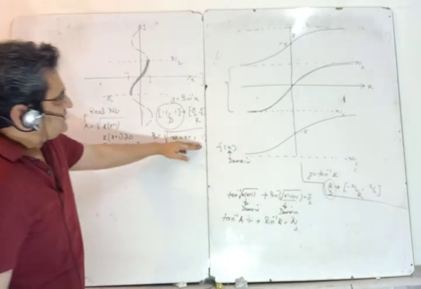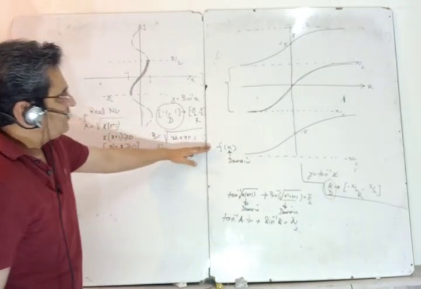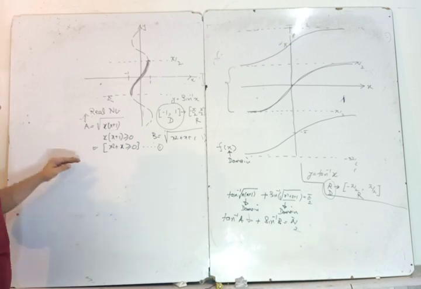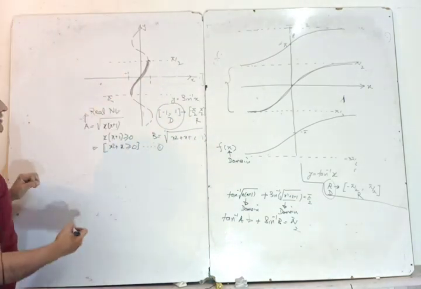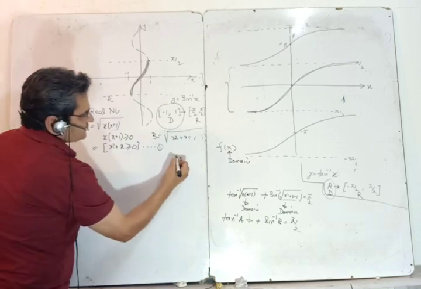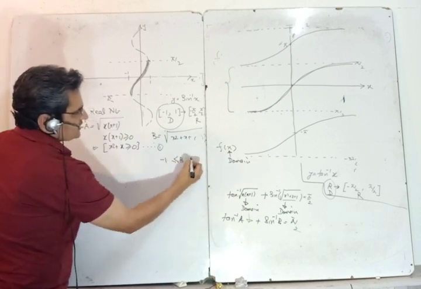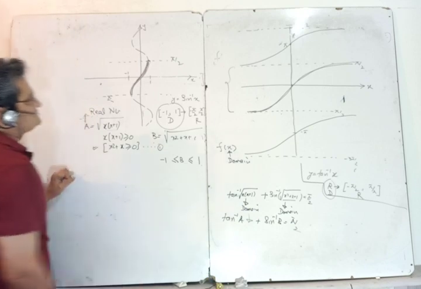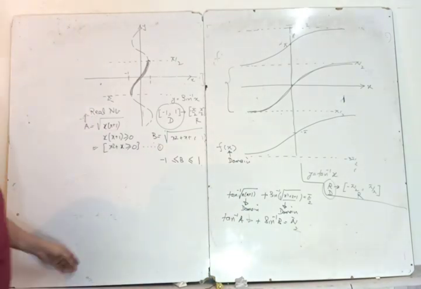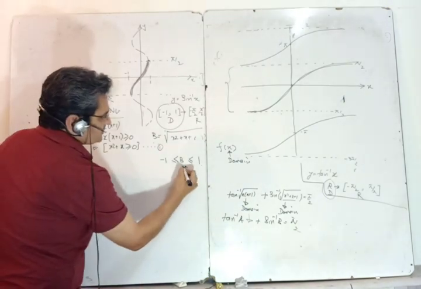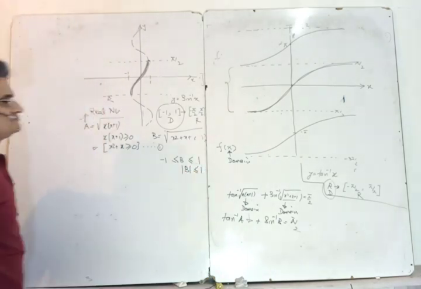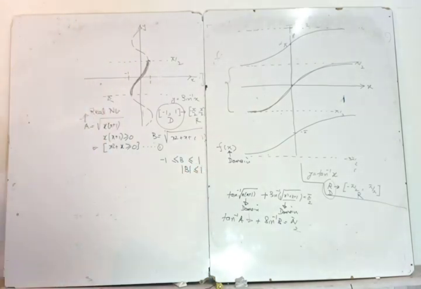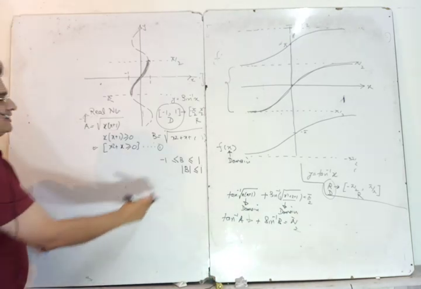Now the other condition: we know that the domain of the sine inverse function lies from minus 1 to 1, means b has to be greater than or equal to minus 1 and less than or equal to 1. Another way of writing this is that mod of b has to be less than or equal to 1. The magnitude of b has to be less than or equal to 1.